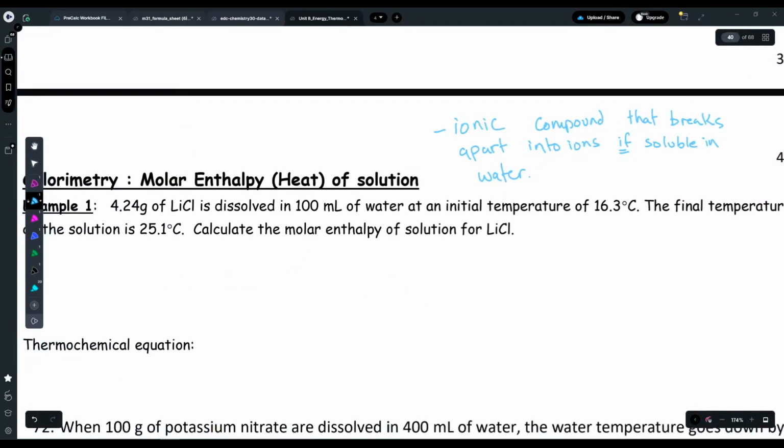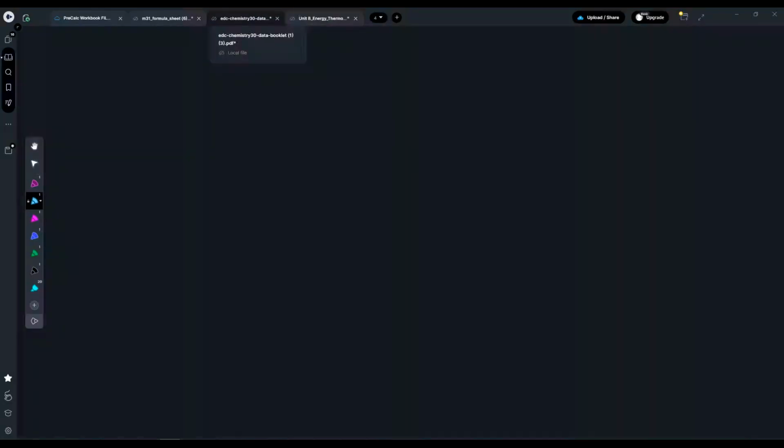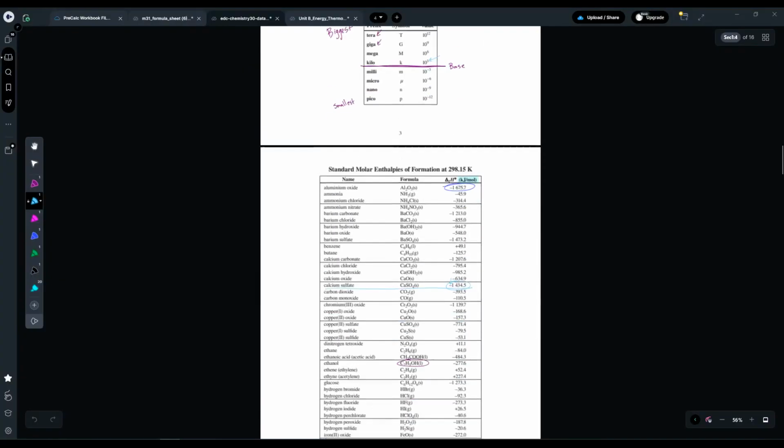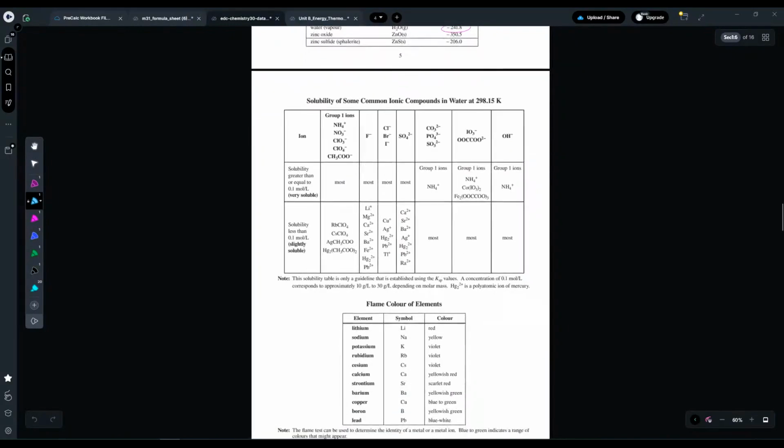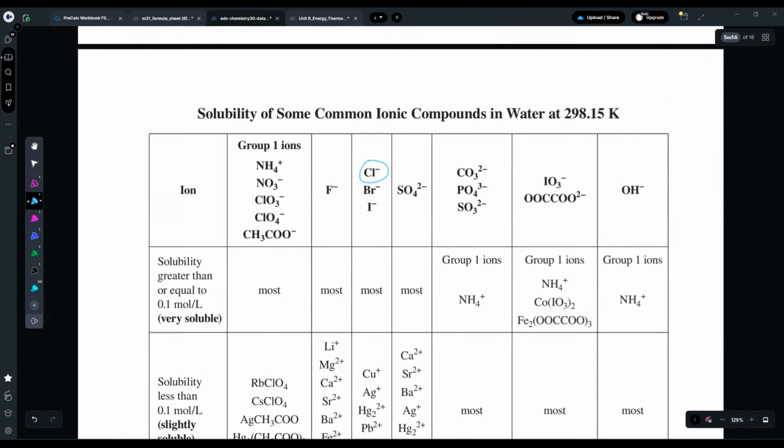For our example, we're given 4.24 grams of lithium chloride dissolved in 100 milliliters of water. To check if your compound is soluble in water or not, you would go to page 6 of your data booklet. Since we were given lithium chloride, first we're going to look for the anion, the negative ion, which is chloride.